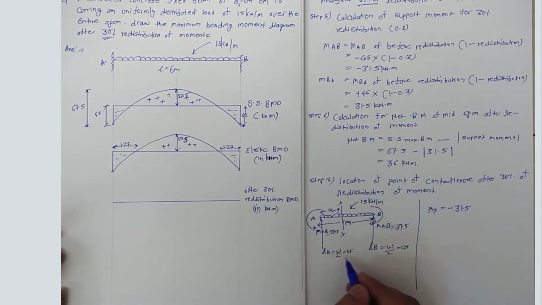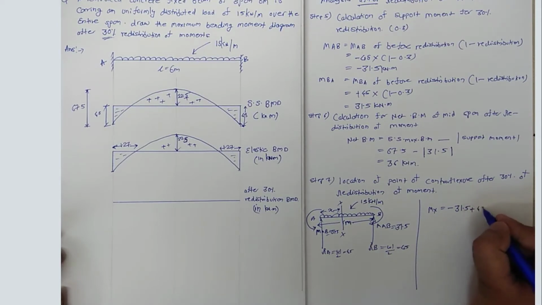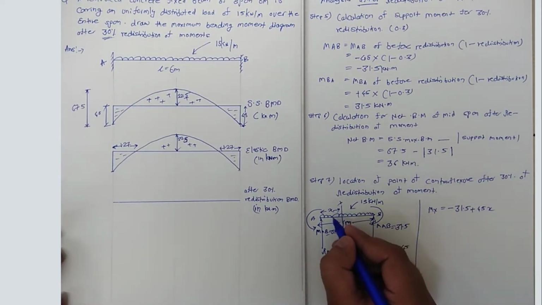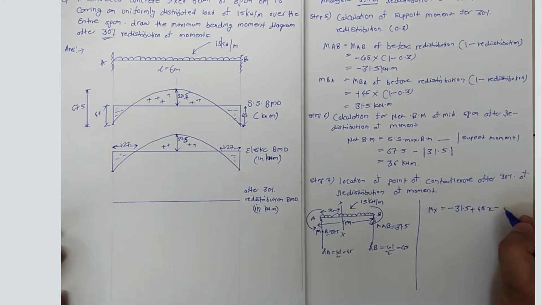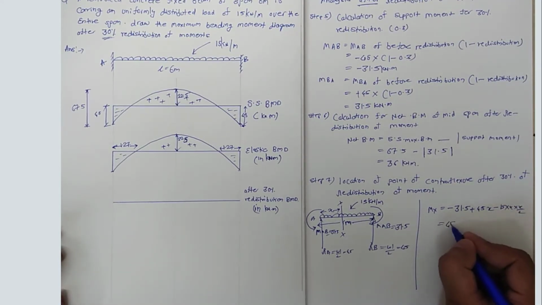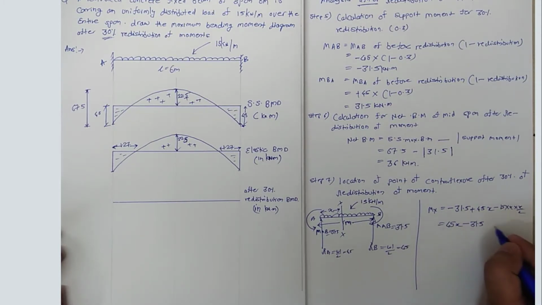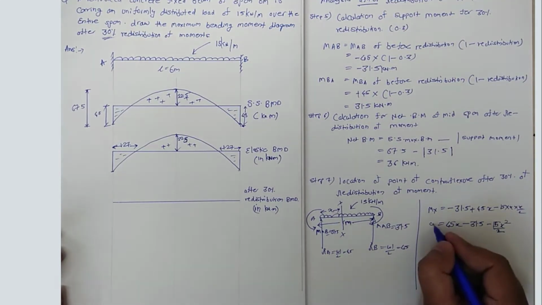This 45 into x, and this UDL is minus 15 into x into x by 2. So the equation will be 45x minus 31.5 minus 15x square by 2. So you have got the quadratic equation.